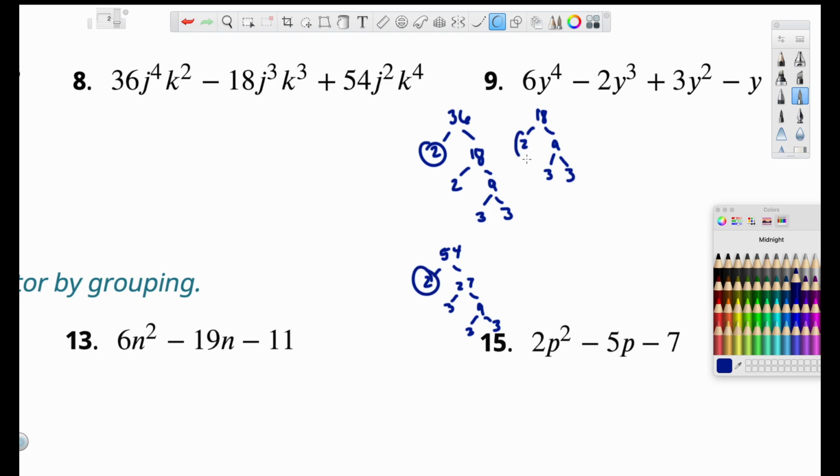That's common. I got a 3. I got another 3. So 2, 3, 3. So that's 18 comes out. And then my biggest j is to the second, and then k to the second. So that's my answer there.